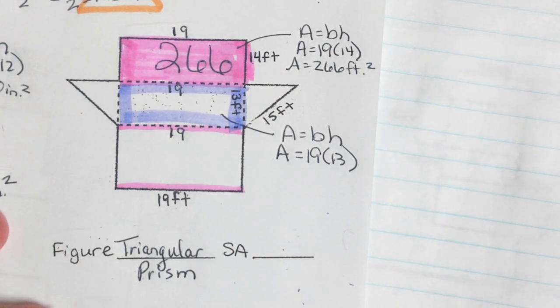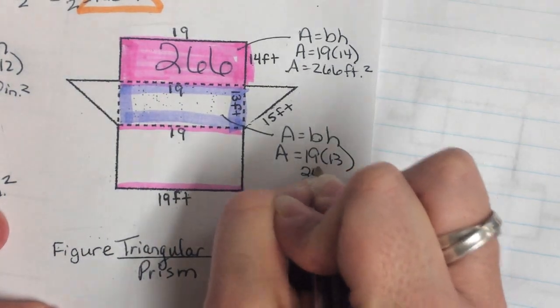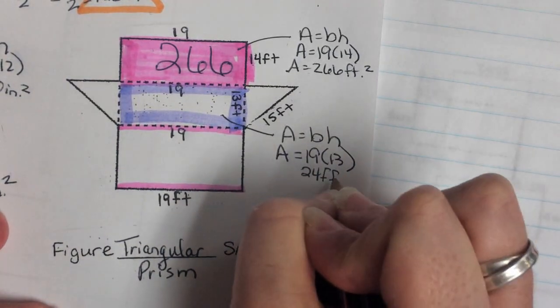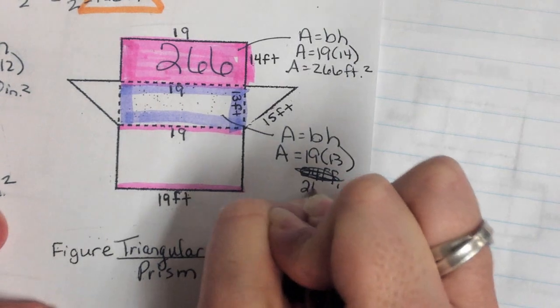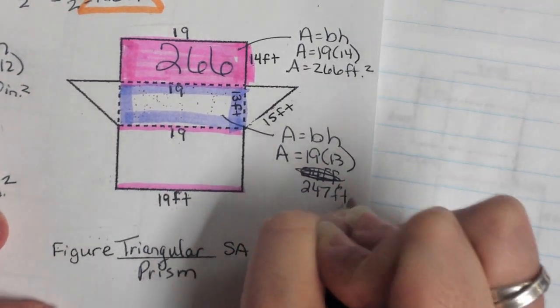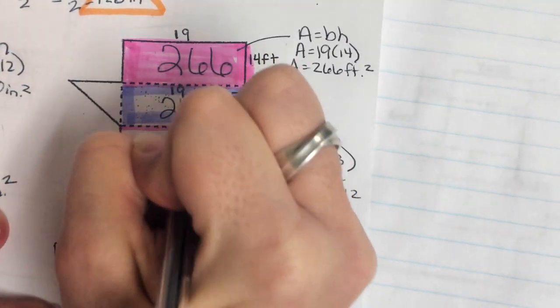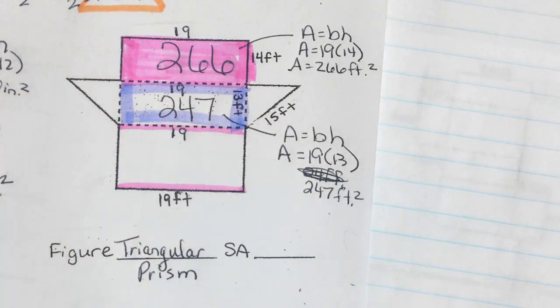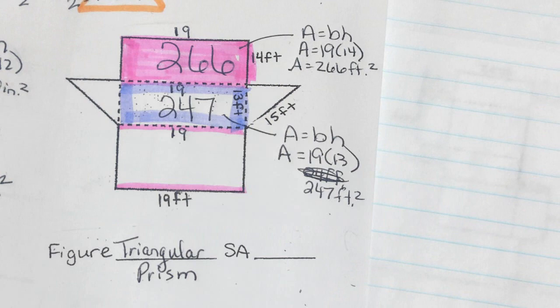That's why we can't assume everything's the same. 247. Whoops, messed that up. 247 feet squared. Interesting. Everybody good so far? Okay.